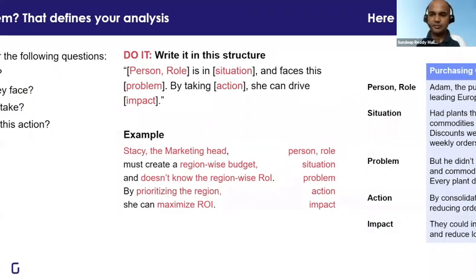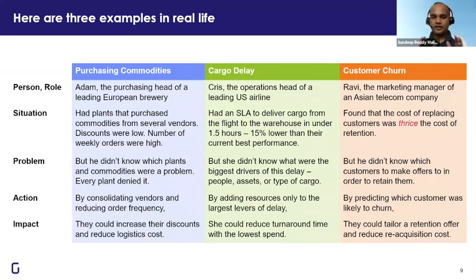Let's take three different examples from three different industries. These are examples from Gramener working with different companies, and I collated these from a contextual standpoint for today's conversation. Let's look at a person who is responsible for buying all the supplies for a brewery.